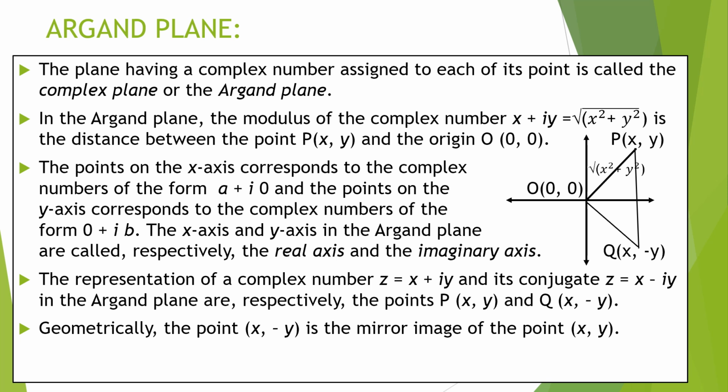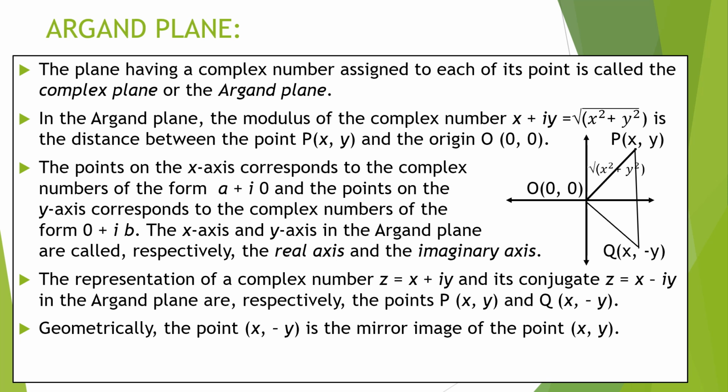Now the points on the x-axis correspond to the complex number of the form a plus i0, meaning the real part, and the points on the y-axis correspond to the complex number of the form 0 plus i into b, that means the imaginary part. The x-axis and y-axis are called respectively real axis and imaginary axis.